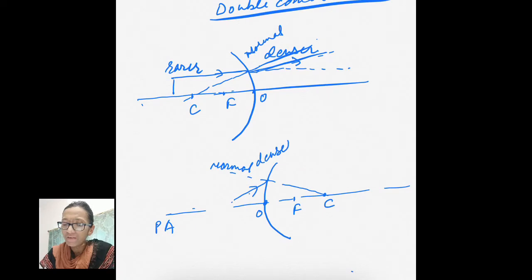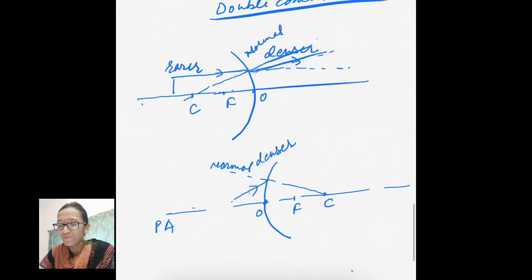Here you have denser, and second medium for this surface is rare, right? So when ray goes, it will not go straight away. In rare medium, as per rule of refraction, you have the ray bending away from the normal.